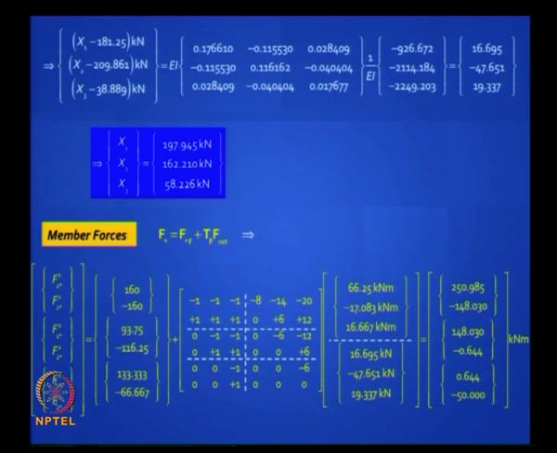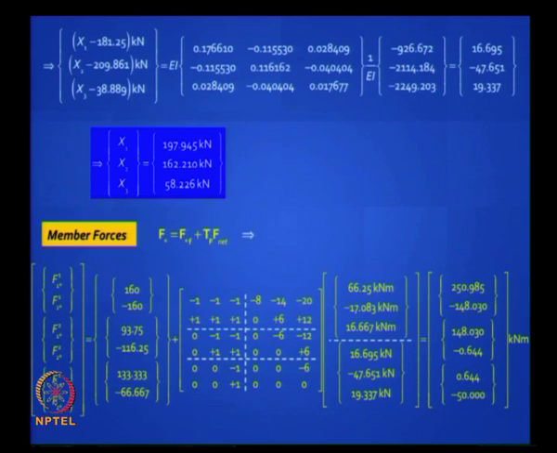Fixed end forces you have already got, the TF matrix you have already got, the displacement, the net load vector you have already got. Just multiply and add, you get the final answers. What are those final answers? They are the final end moments, including the fixed end force vectors in all the 3 elements.